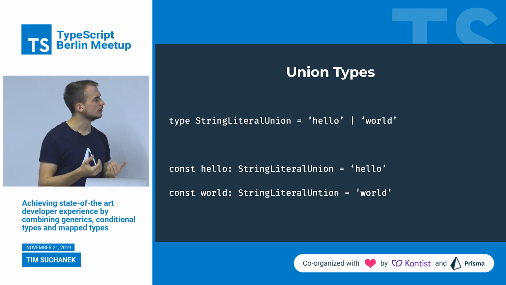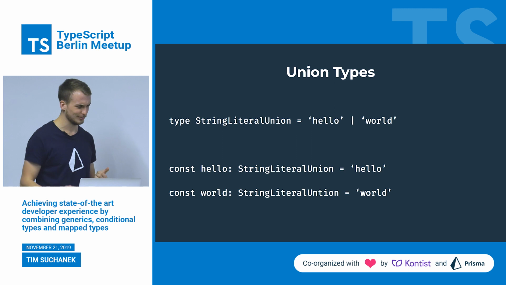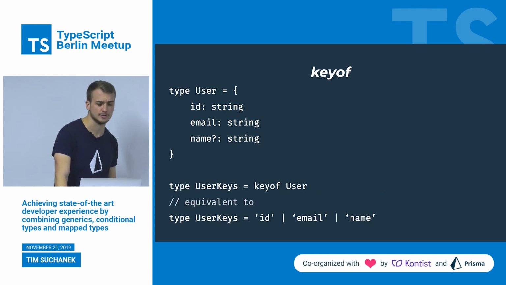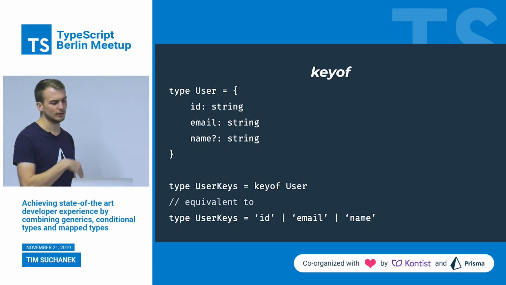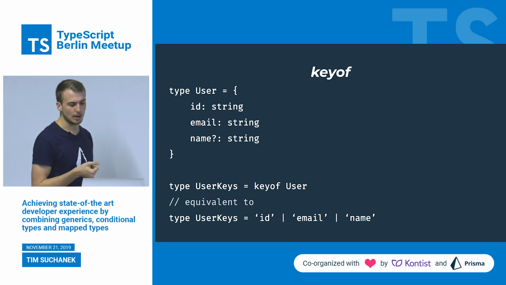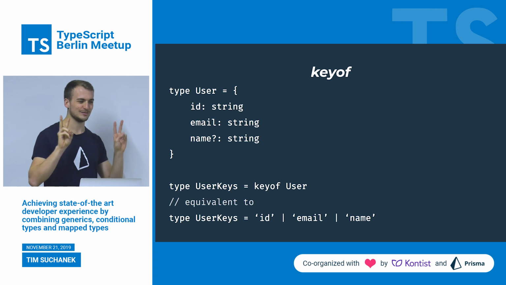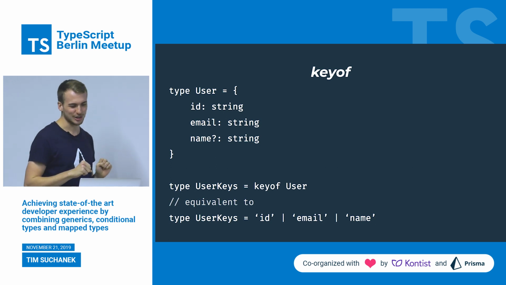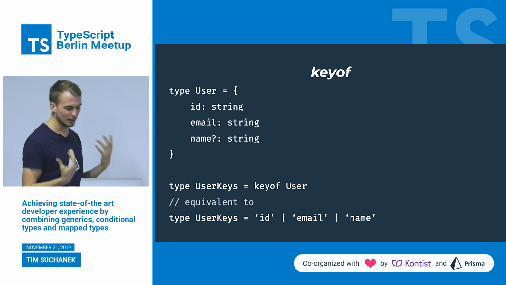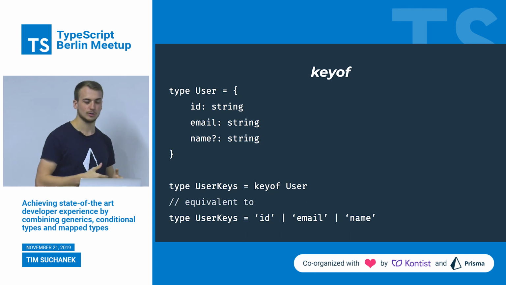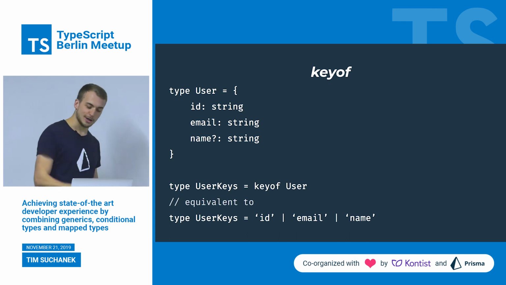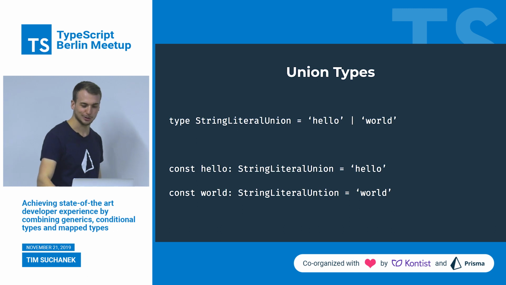And so where are these string literal union types now interesting for us for the keyof statement? So let's say we have a type user like so, and we now want to do this type-level Object.keys operation on it. And what we can just do, we can just say keyof user, and we will get back again a string literal union.